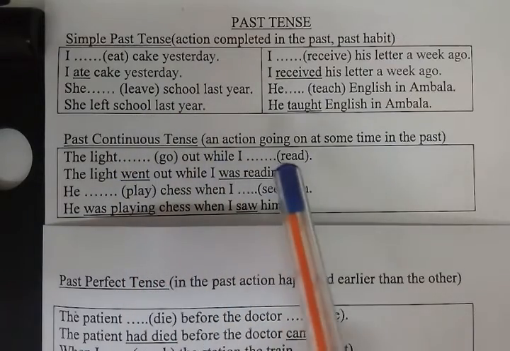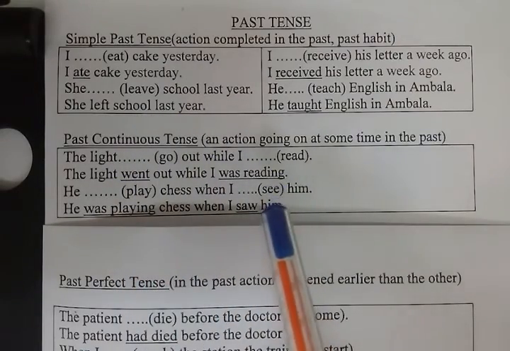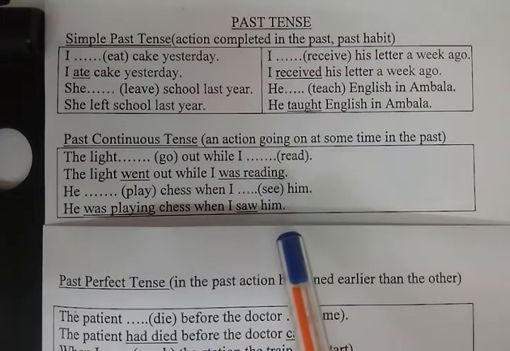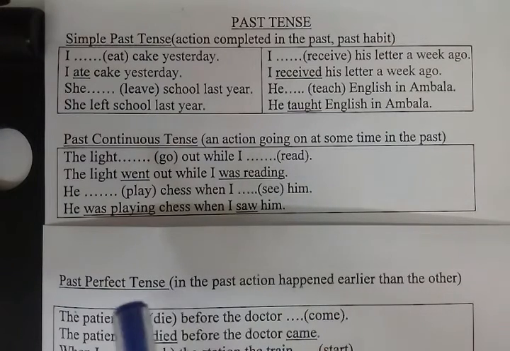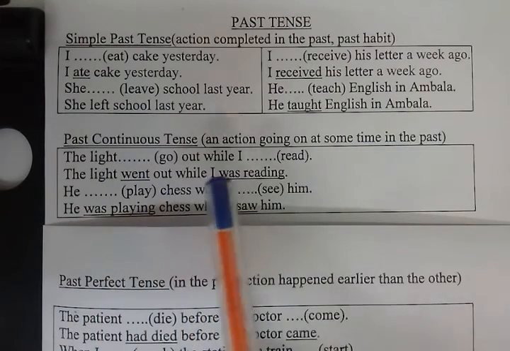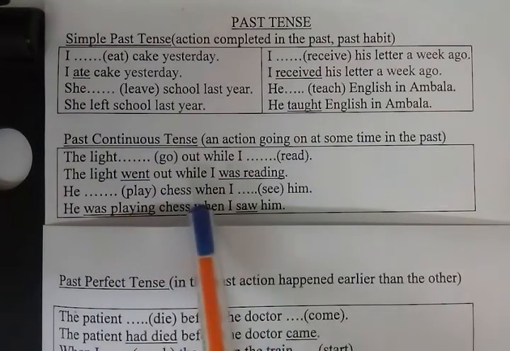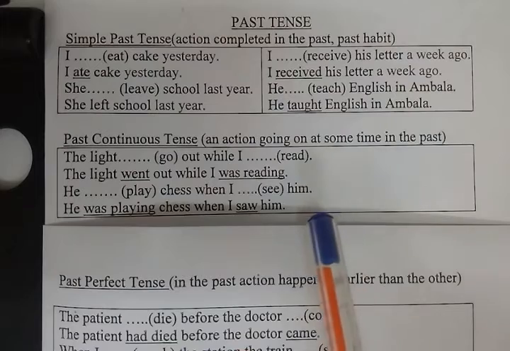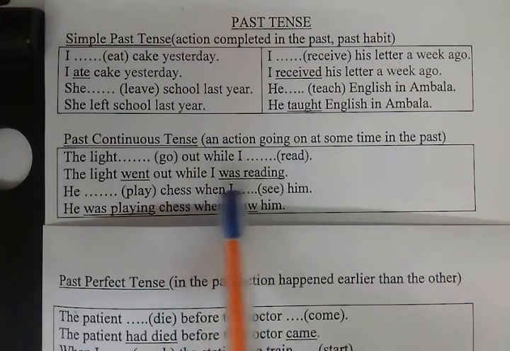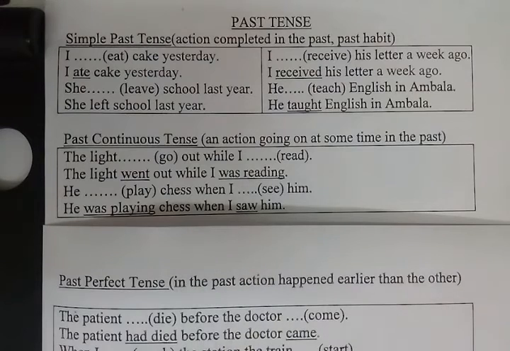In past continuous tense, an action going on at some time in the past. Something happened in the past and at that time something was going on. Like the light went out while I was reading. So when the light went out, what action was going on? Reading.